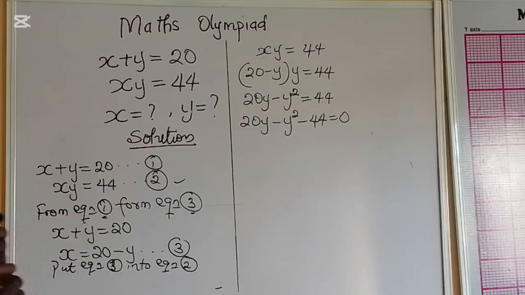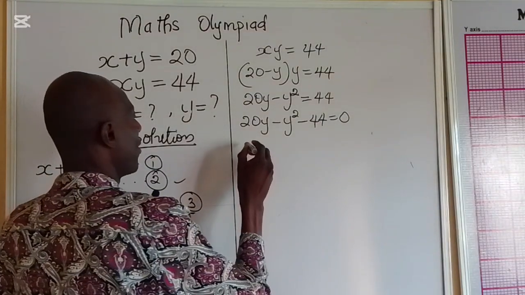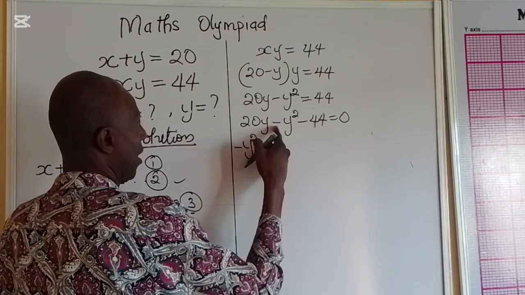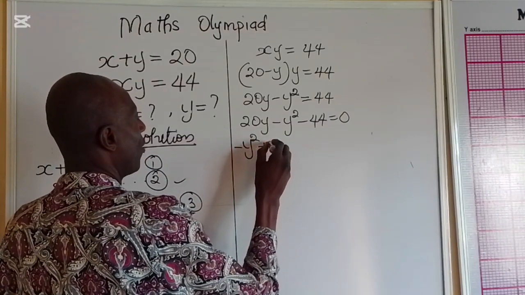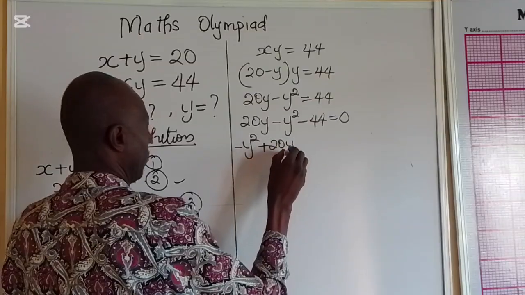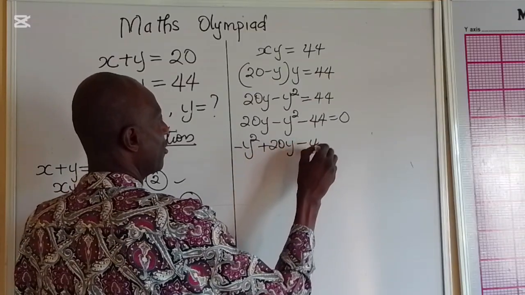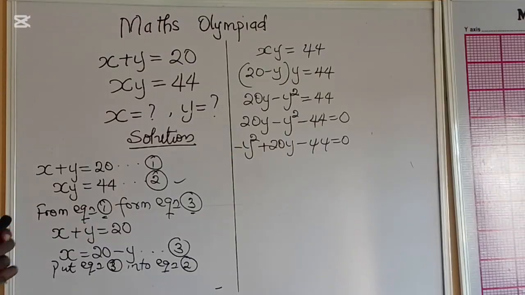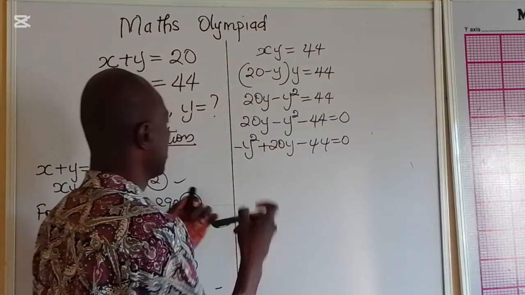It's now a quadratic equation. Now, let me rearrange: minus y squared plus 20y minus 44 is equal to 0.